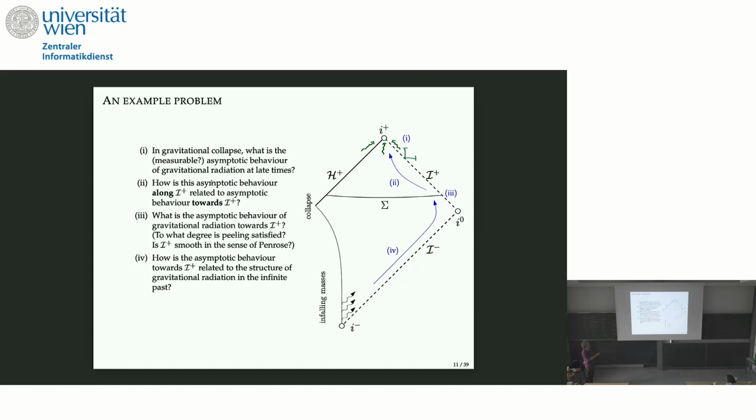You can ask how the asymptotic structure of gravitational radiation here is related to the gravitational radiation emitted at very, very early times by the system you're studying. And then finally, you need to understand the structure of gravitational radiation emitted by whatever system you're studying. This is basically the global framework, and I gave this example to hopefully justify why one needs to understand all of these questions to make proper models in relativity.